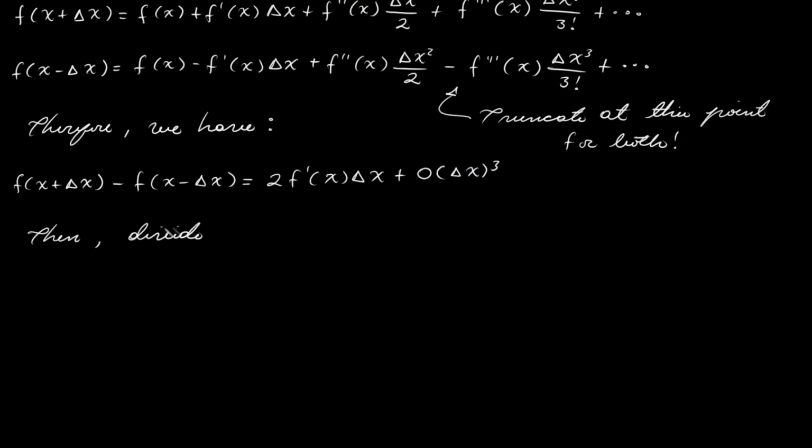We then simplify the resulting equation by dividing both sides by 2 times delta x.